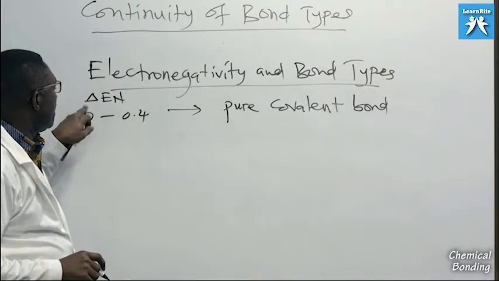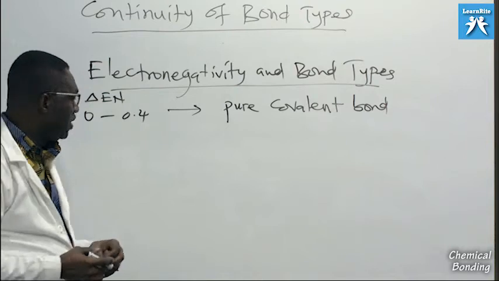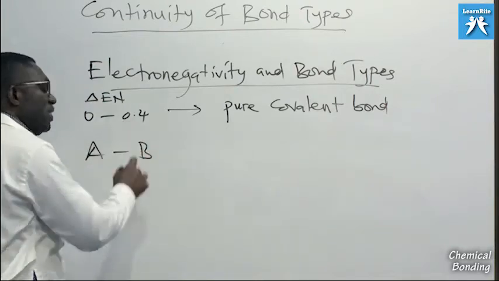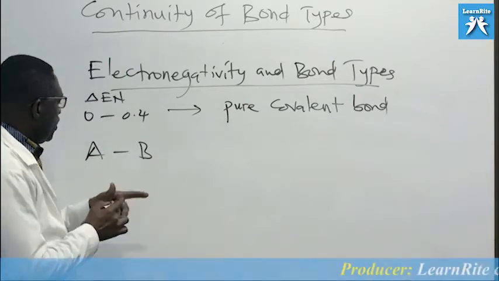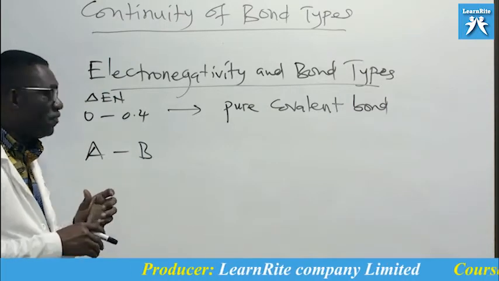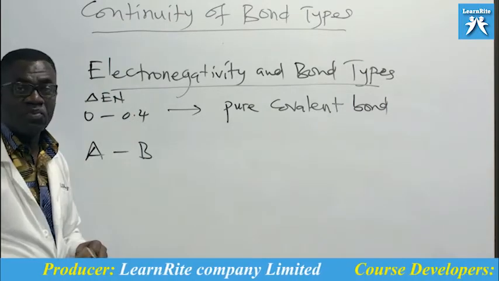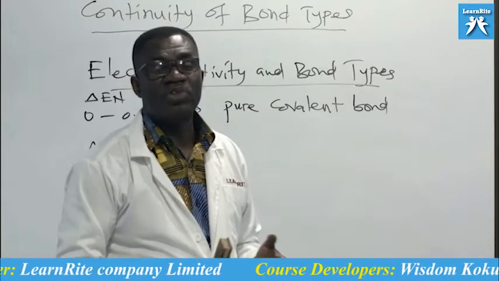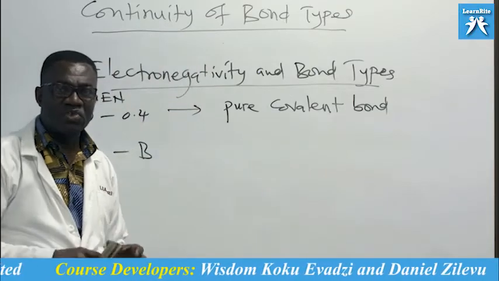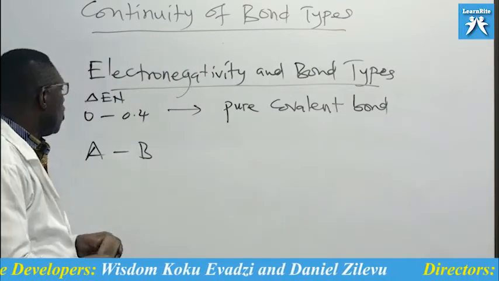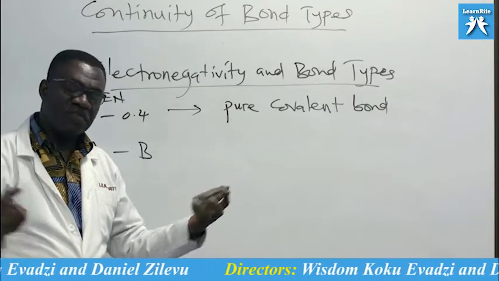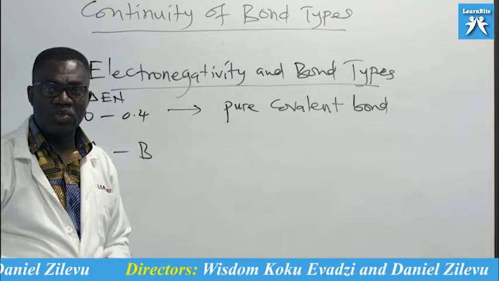So if I put the symbol delta here, it means the difference in electronegativity. If the difference in electronegativity between an atom A and another atom B forming a bond, if you know the electronegativity figure for this and for this, and do the subtraction, it falls within this small figure. Chemists have so determined that they can form a covalent bond, and that may be nonpolar because the difference is not so much. It means that almost all the time the electron pair may be equally shared between the two because their electronegativities are not so different.